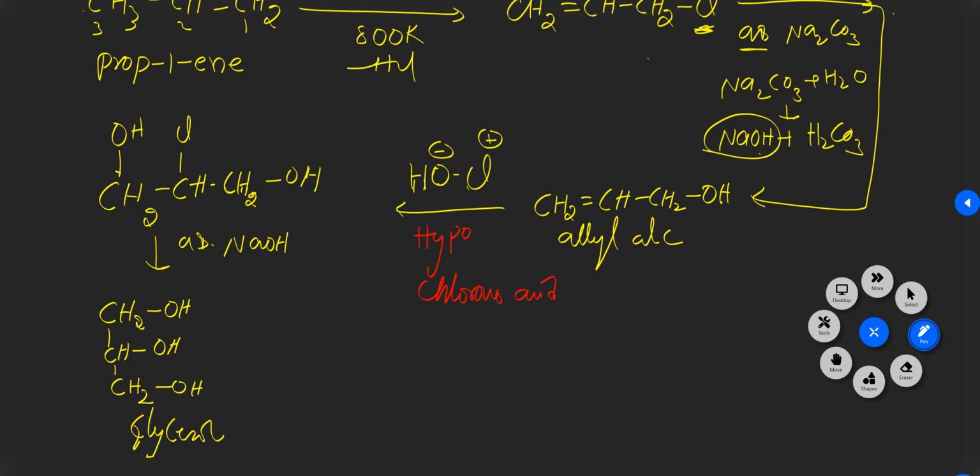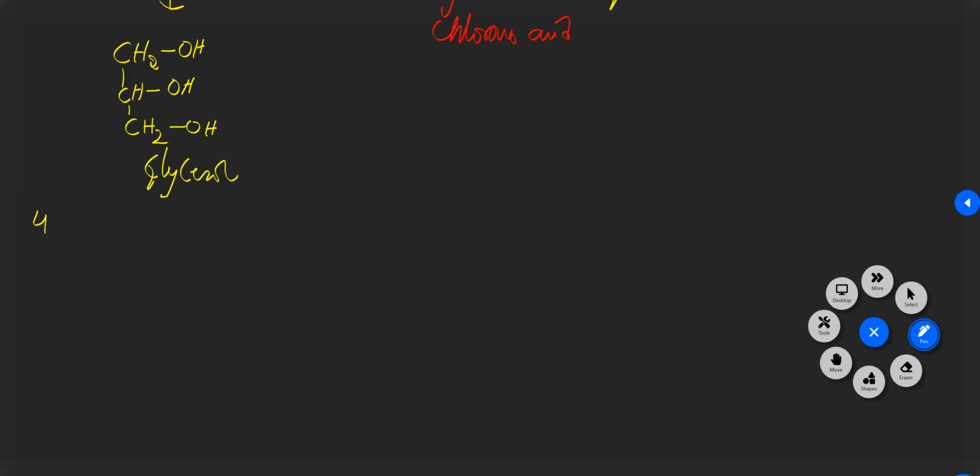Next preparation is fermentation of sugars. From the fermentation of sugars, we can prepare glycerol. Generally, we use this fermentation preparation for preparing alcohol. We already discussed that we are taking molasses.